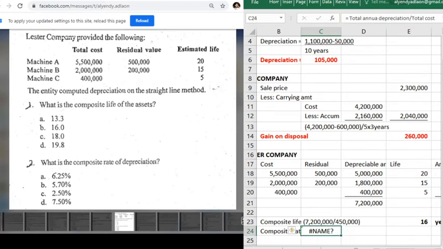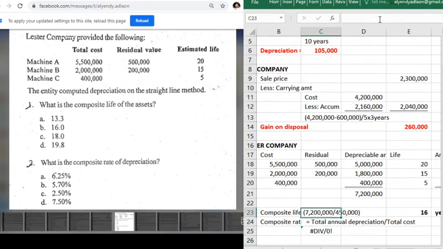Okay, so for the total annual depreciation, we have 7,200,000 divided by the total cost of, okay, let me just compute it first. 5 million plus 2 million plus 400,000, that is 7,900,000.